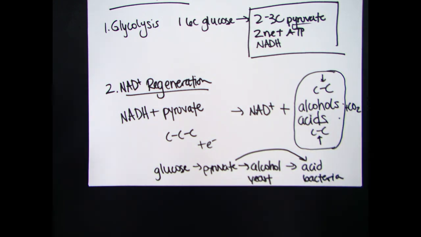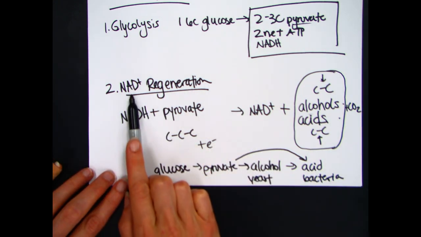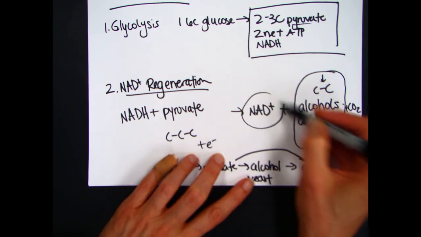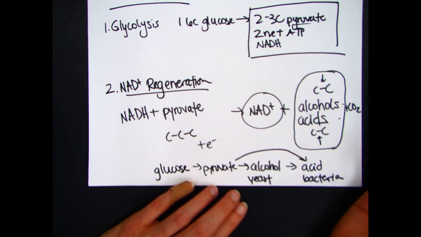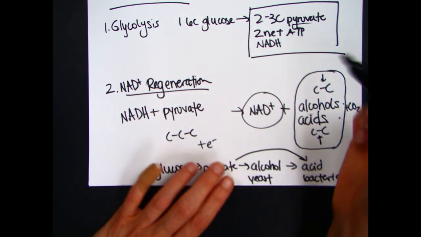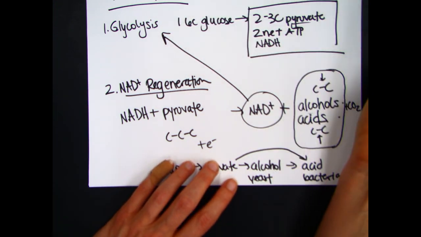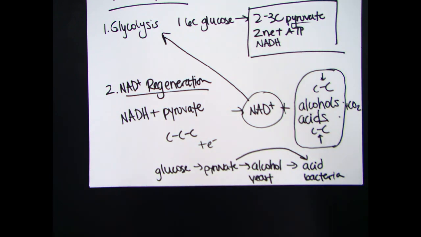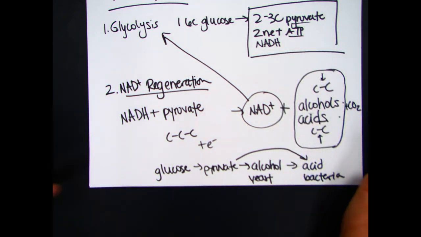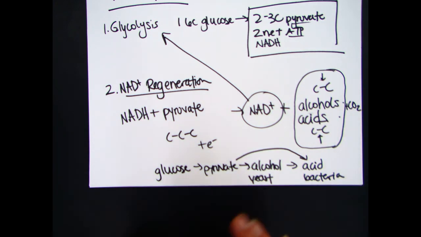So to recap, the reason that we have to do NAD+ regeneration is to remake the NAD+. Then that NAD+ is going to come back up here to glycolysis and allow the cell to run glycolysis again, definitely generating these two net ATPs, but possibly also allowing the cell to proceed to pyruvate oxidation, the Krebs cycle, and eventually electron transport, which is going to be where the bulk of the ATPs are made.